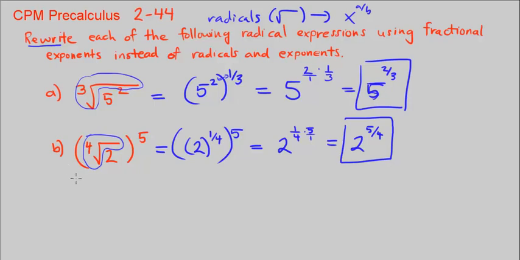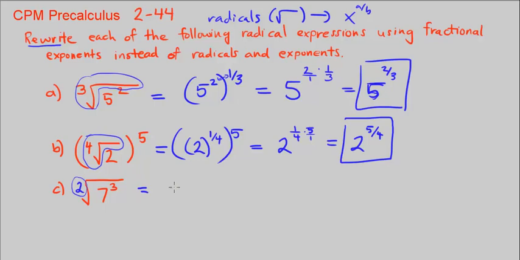Part C asks us, what is this root, the square root? If there's nothing there, it means 2, the square root of 7 cubed. So like I just said, if there's nothing here, it's an implicit, invisible 2 right there.